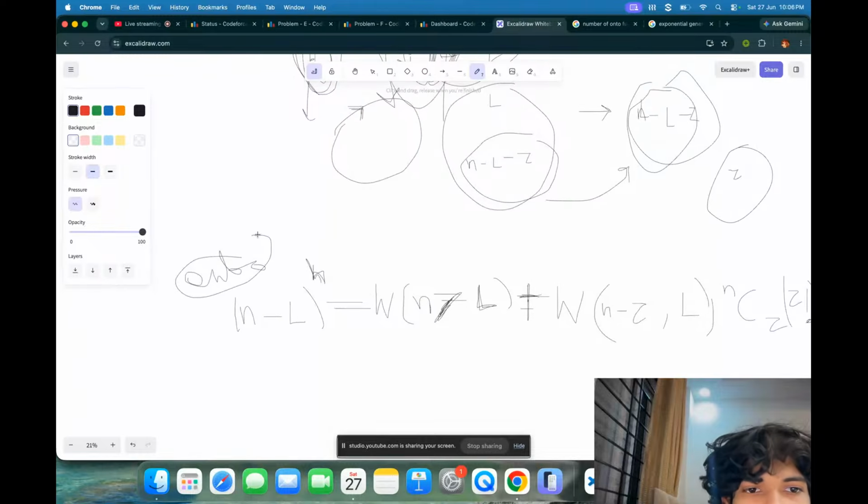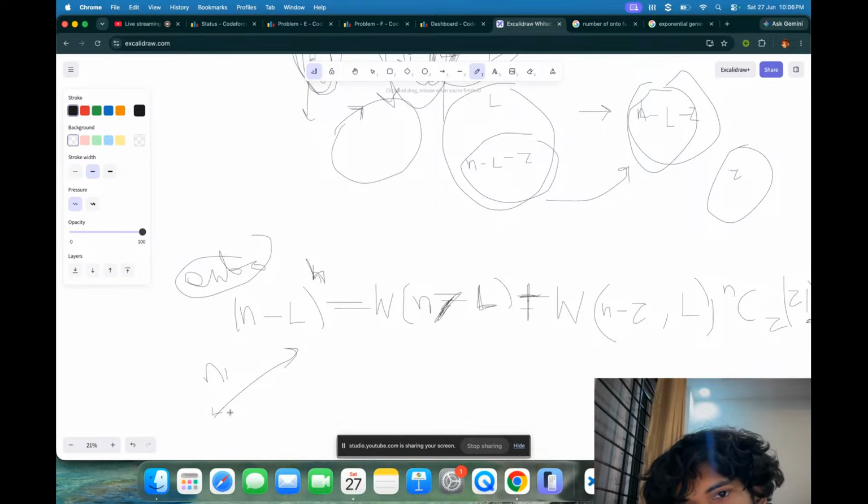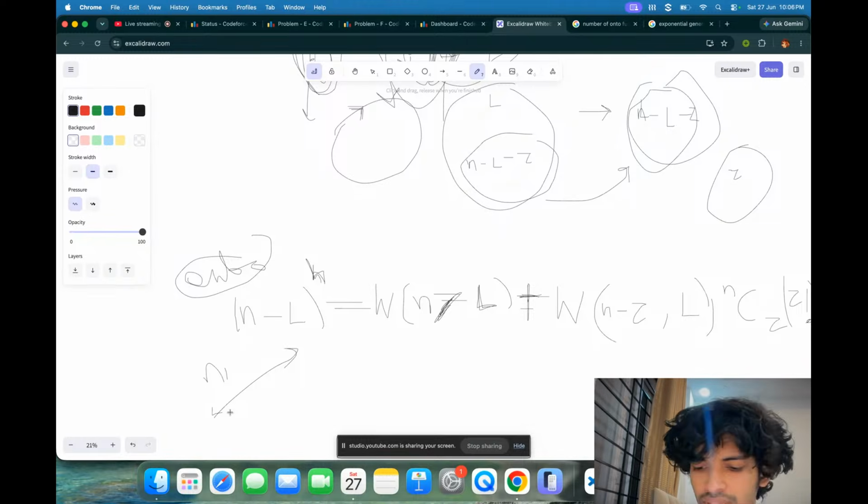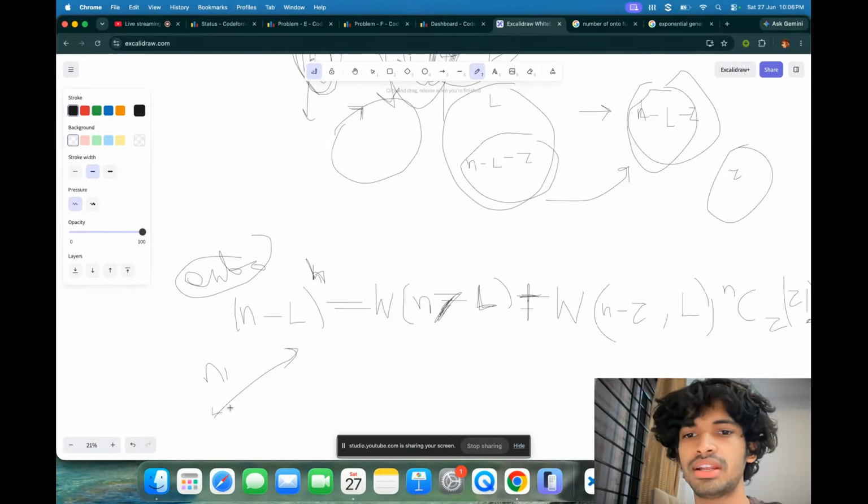This is number of onto functions from n things to n minus l. That's being equals to choose a set and apply permutation on that.